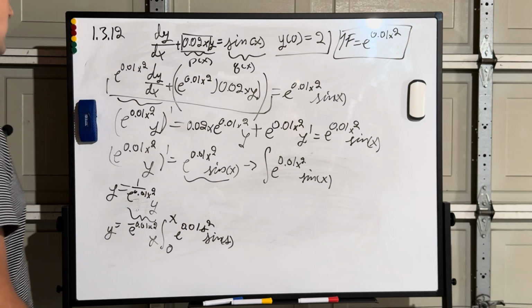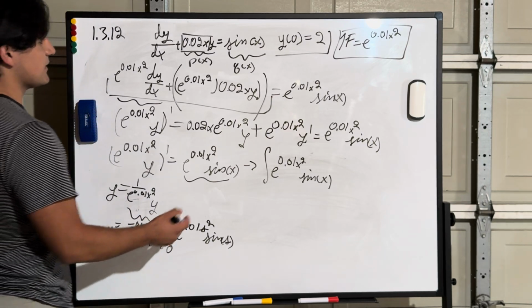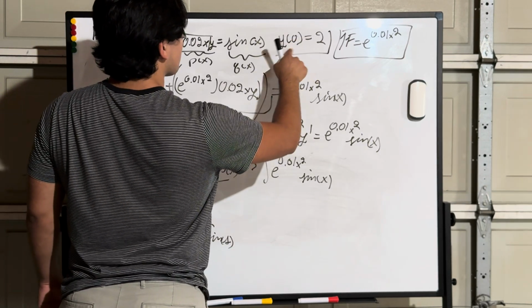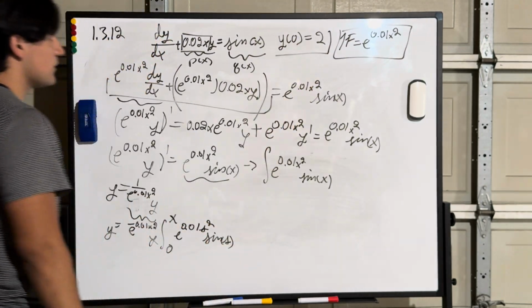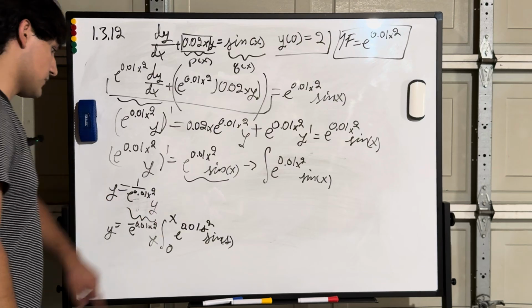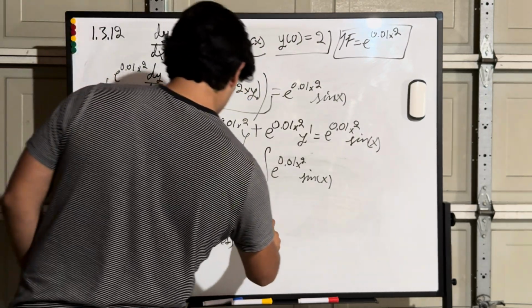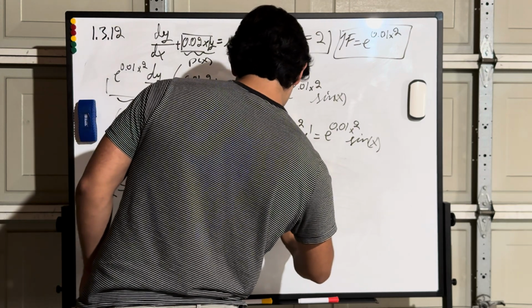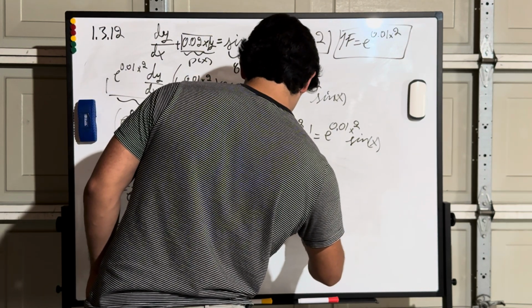But this is what he does. And the reason he does this is because when y at 0 is equal to 2, we can replace that x with 0. So we get e to the negative 0.01 times 0 squared.